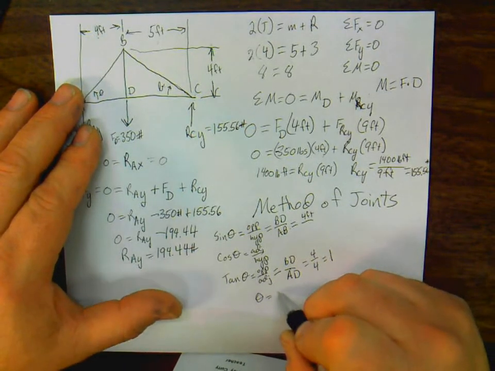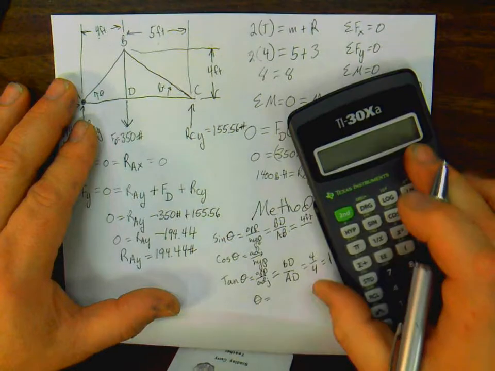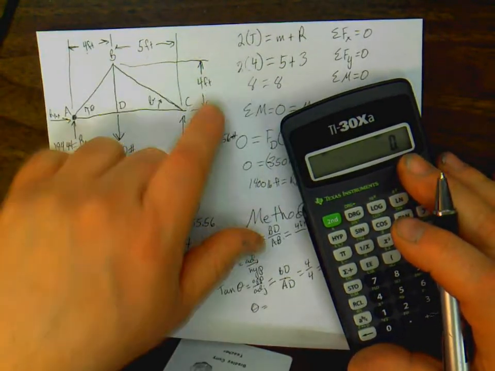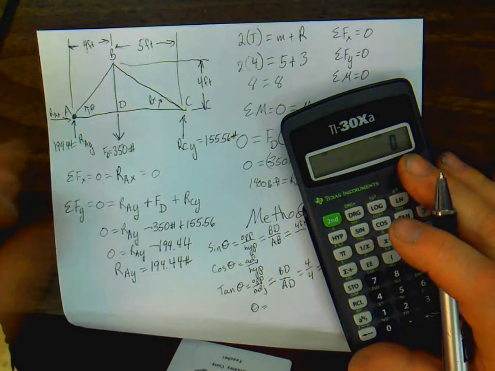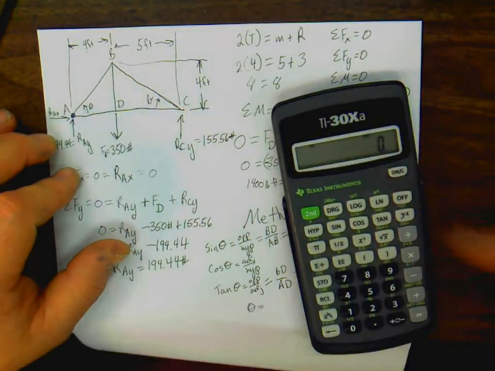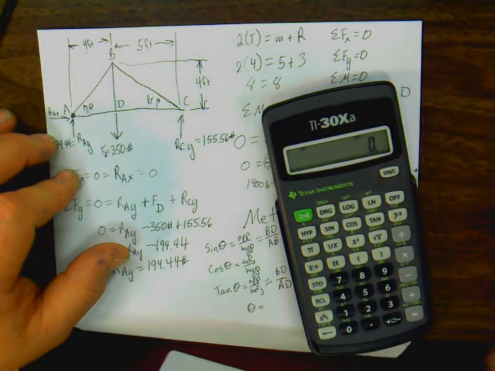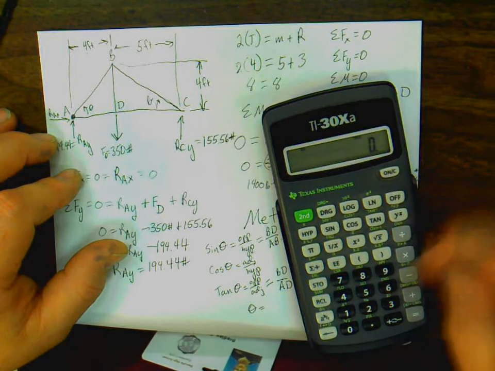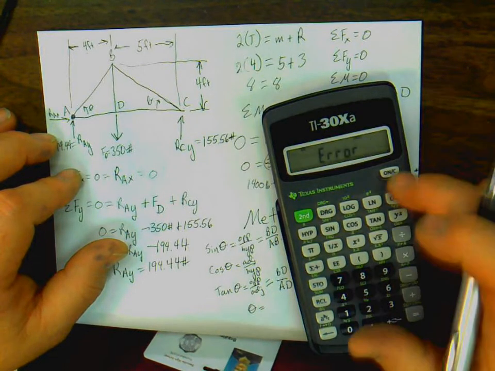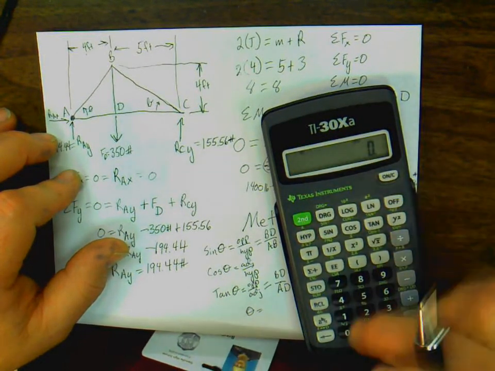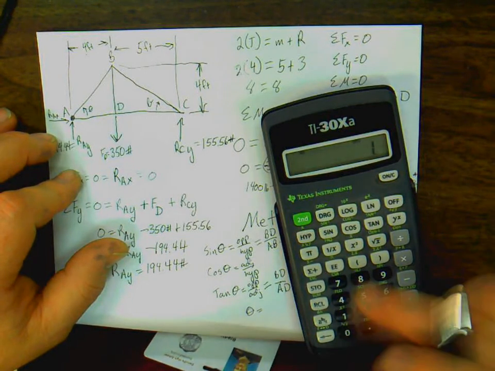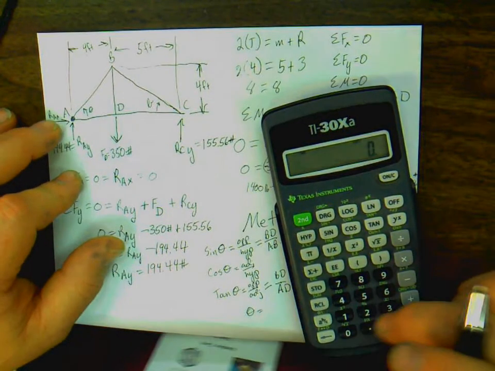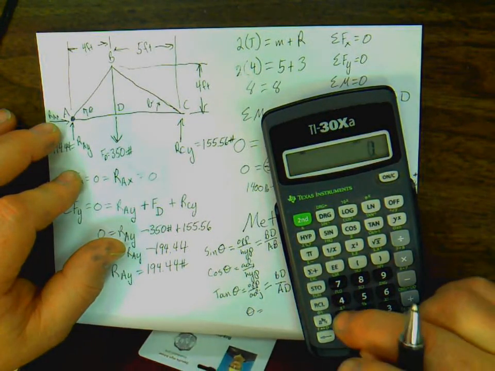If you didn't know that before, 4 feet and 4 feet is going to be 45 degrees. You've got to remember your keying sequence depending on whether you're using a Texas Instruments or a Casio. So 1 inverse tan is 45 degrees. So theta here is 45 degrees.